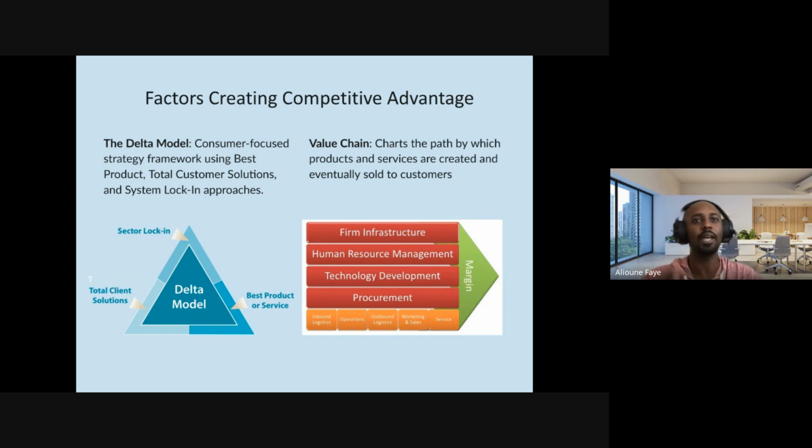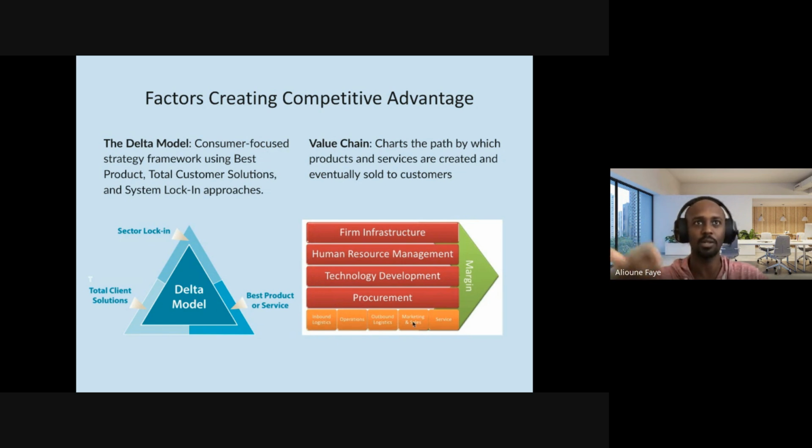All these steps add value to your product or your service. And so that's what is meant by the value chain. There's the operation step, there's the outbound logistics. So once it's out of your factory, where it goes to the retail stores, there's value there.